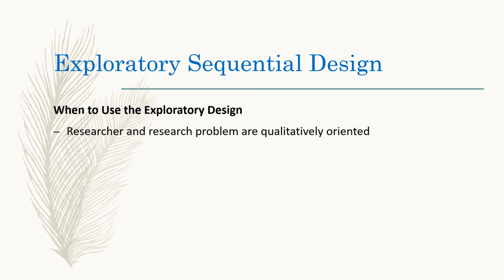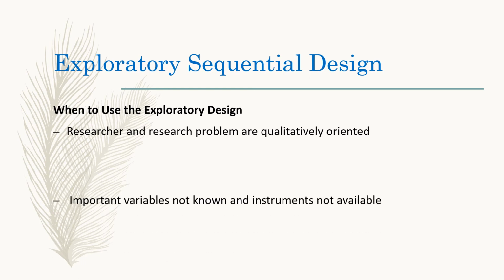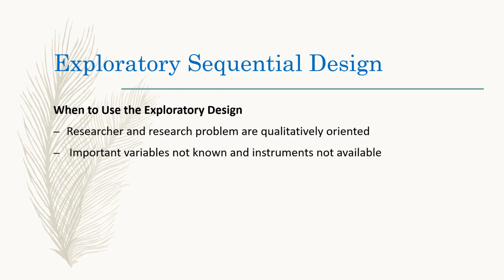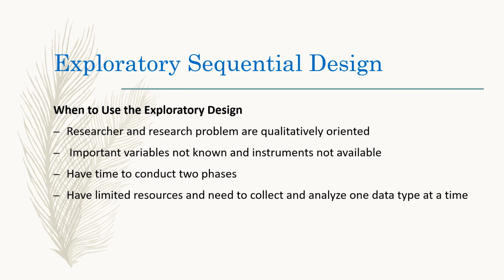When the researcher and research problem are qualitatively oriented, important variables are not known and instruments are still not available, you have time to conduct two phases, you have limited resources and need to collect and analyze data one at a time, and new questions have emerged from the qualitative phase.